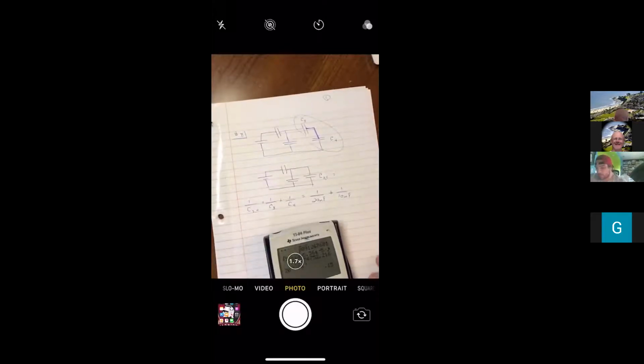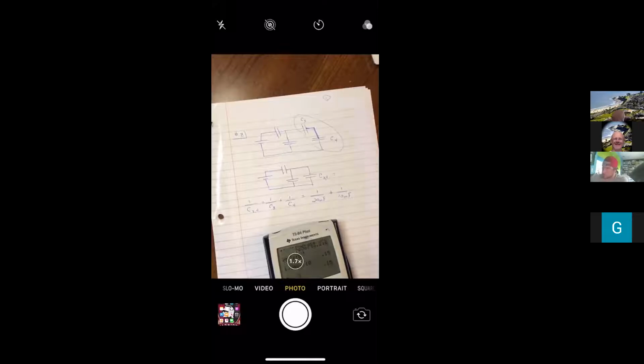I'll do it the other way too. I'll just go 1 divided by 20 plus 1 divided by 10. So you just got to hit divide. So there's not too much in there. But here's where the reciprocal key is nice at the end. Then you got that answer, and that's what they add up to.